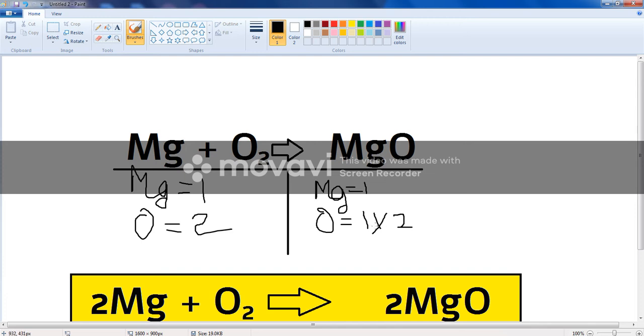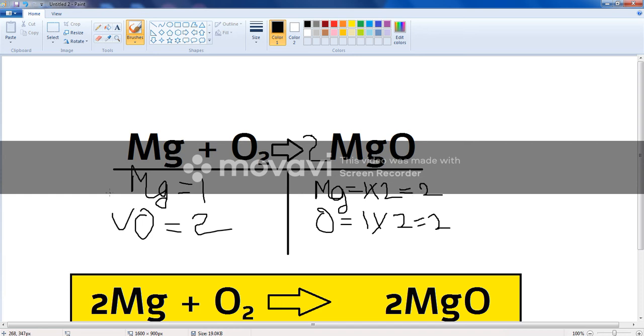So this will result in 2. As we have multiplied by 2, we have to put this 2 before the compound, so it will become 2MgO.